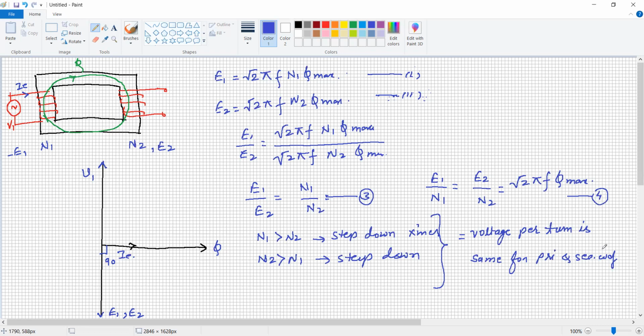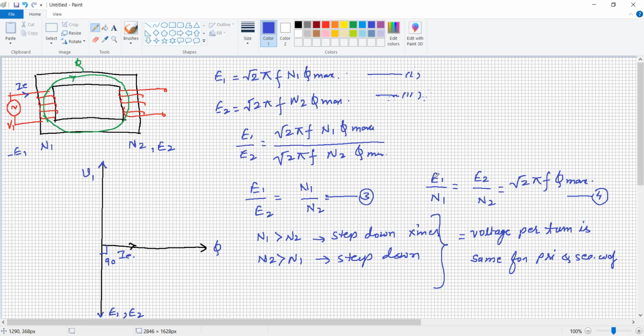What does it mean? See this equation: the RMS value of EMF induced in the primary winding is root 2 pi f N1 phi maximum, and for the secondary winding E2 is equal to root 2 pi f N2 phi maximum. If you take the ratio, we find that the EMF induced in any winding depends upon the number of turns. The more the turns, the more the voltage. From this, we decide whether it is a step up or a step down transformer. The second conclusion is voltage per turn.